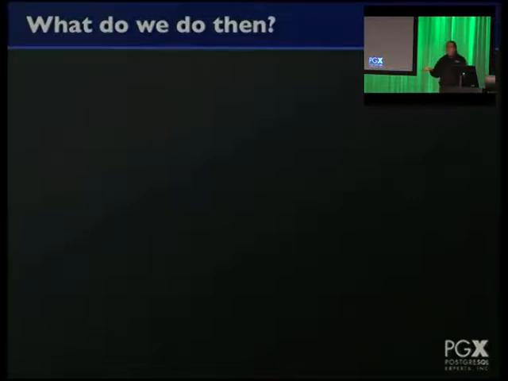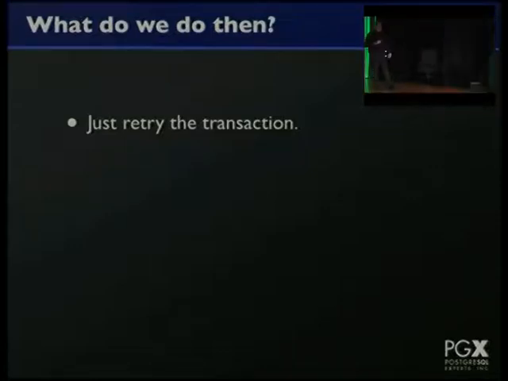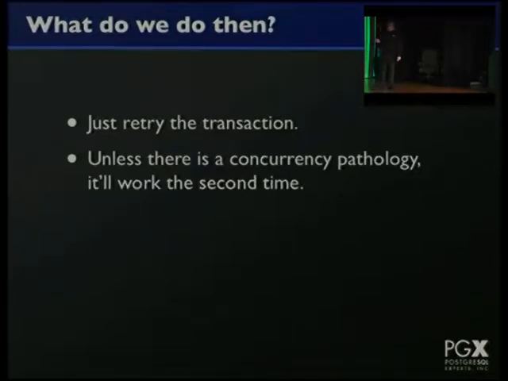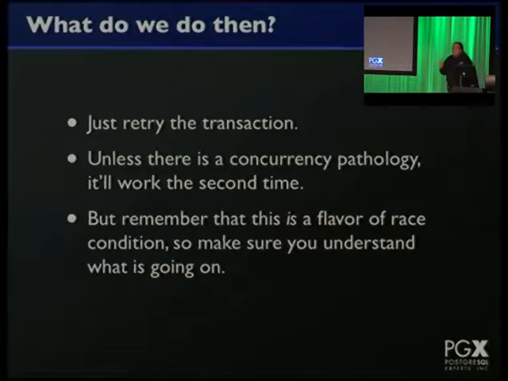So what do we do when we get one of these errors? Well, you can just retry the transaction, stick it in a loop, and just do it again. Because the next time it'll probably succeed, because there probably won't be that conflict on that particular row. Unless, of course, there's some kind of concurrency pathology. But you should probably know. It's a good thing to flush this out if it happens. One thing to remember, though, this is a flavor of race condition.